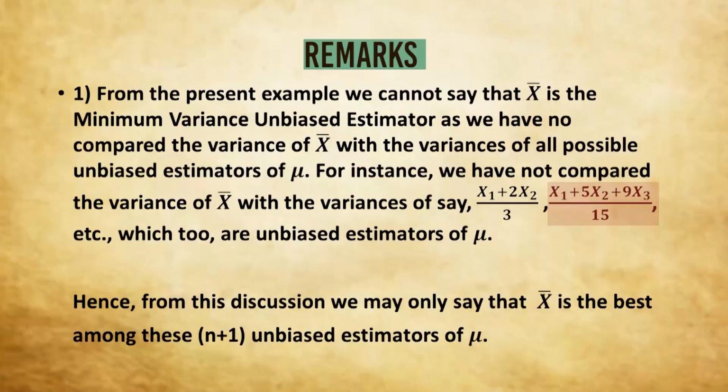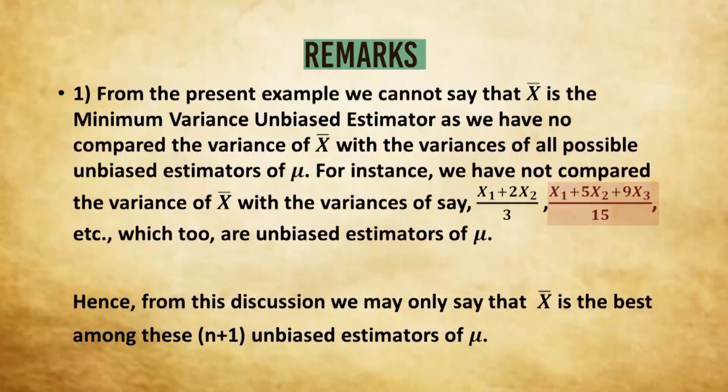No. Take one more: (x1 plus 5x2 plus 9x3) by 15. Is this an unbiased estimator of mu? Its expectation will be expectation of x1 plus 5 into expectation of x2 plus 9 into expectation of x3, by 15. So mu plus 5 mu plus 9 mu, that is 15 mu by 15, which is mu. So the second one, (x1 plus 5x2 plus 9x3) by 15, is also an unbiased estimator of mu.